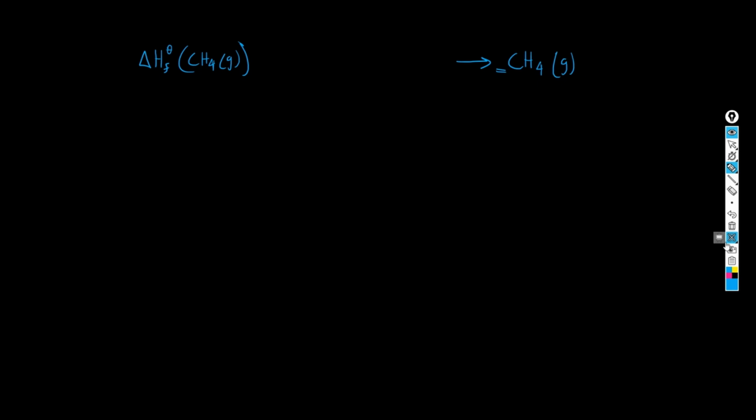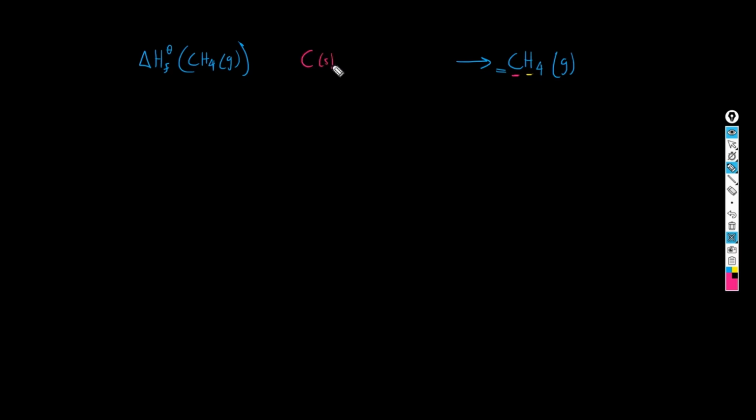And then we have to look at what our 2 elements are that make up this compound. We have carbon and hydrogen. Let's start with the carbon. We talked about how the most stable form of carbon is carbon solid, or carbon graphite.